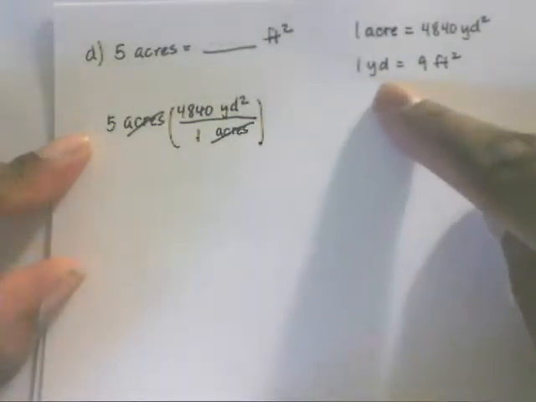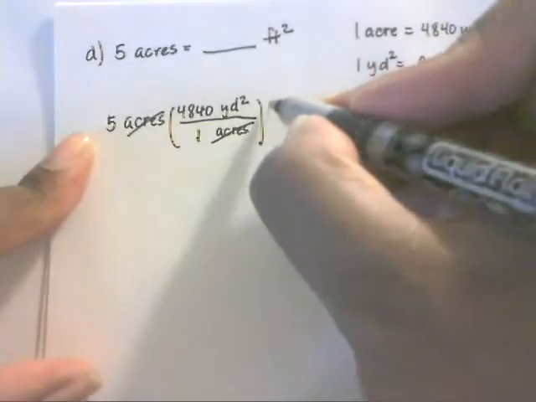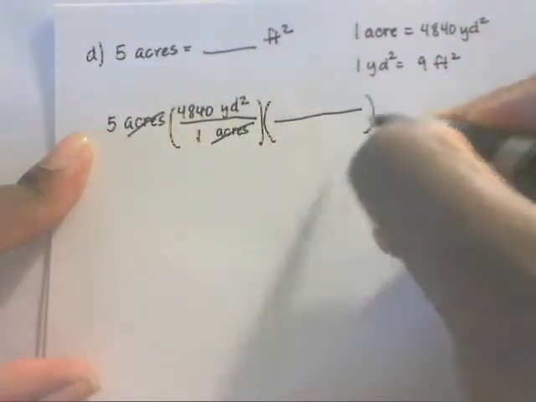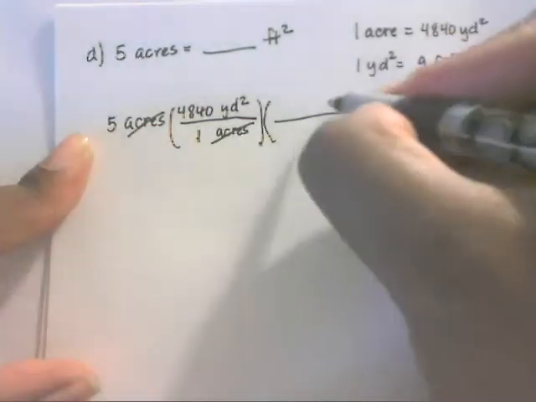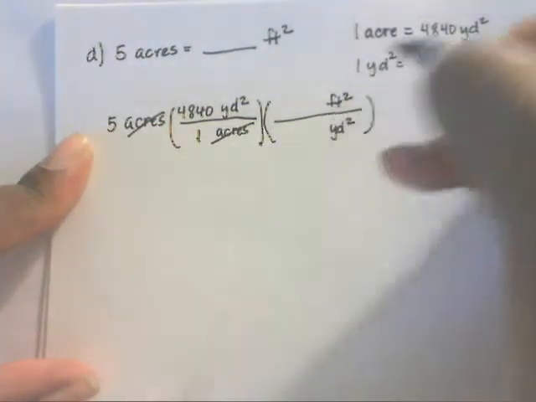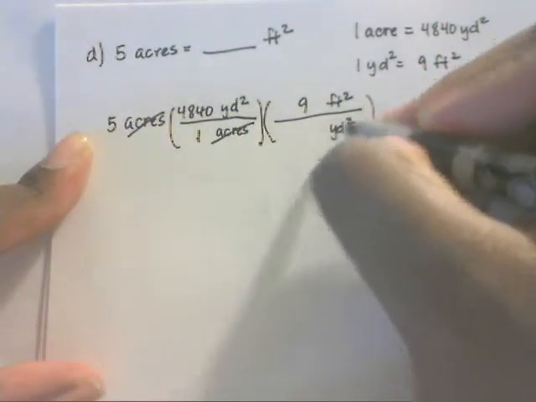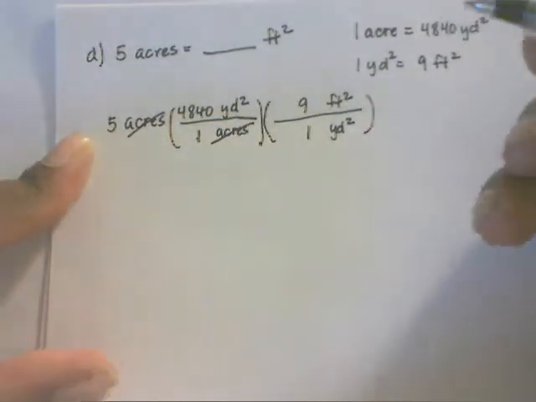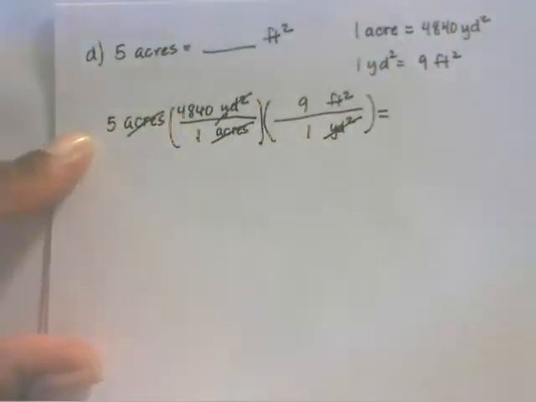So now this is where one square yard is equal to 9 square feet. Okay. So in this case here, we're converting from square yards. So the square yards go in the denominator. Square feet goes in the numerator. 9 square feet, the 9 goes in the numerator, is equivalent to 1 square yard. That 1 goes in the denominator.